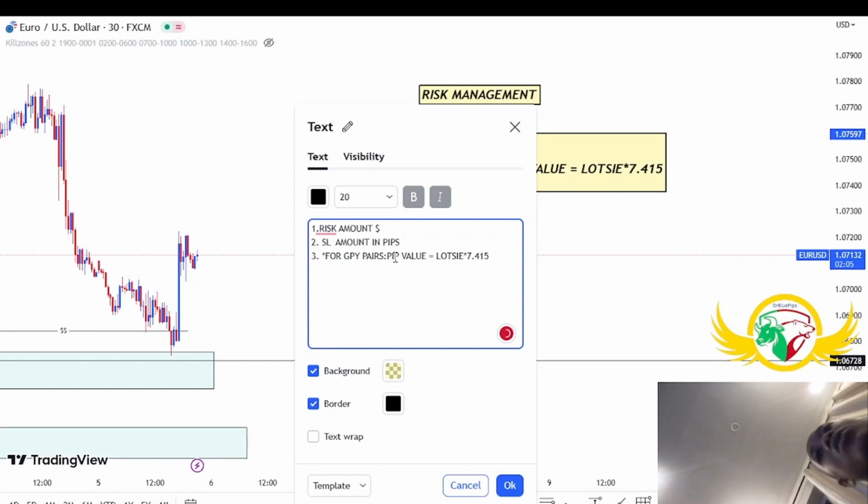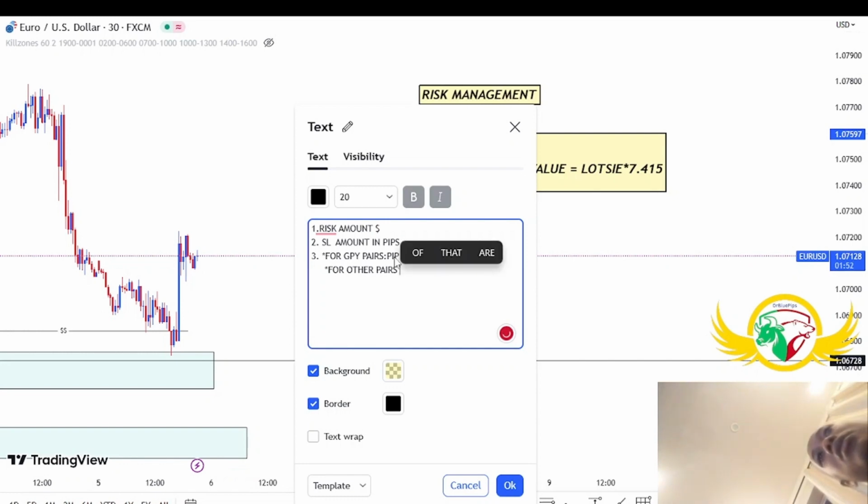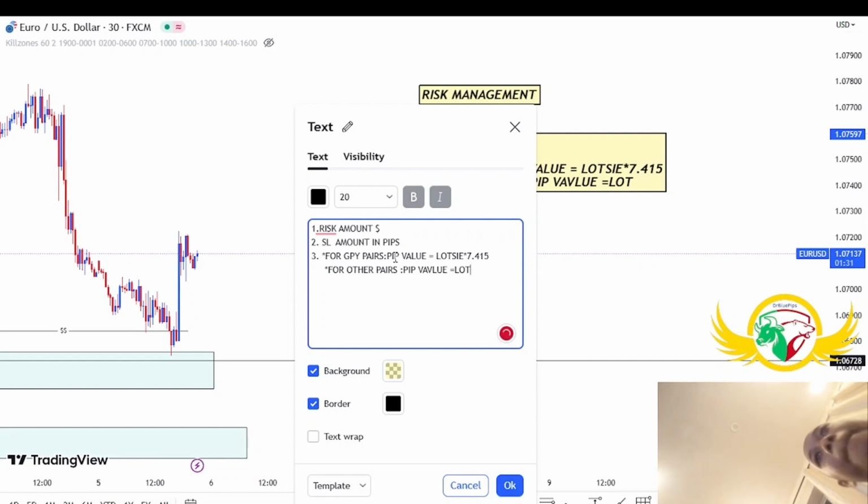Then for other pairs, PIP value equal lot size times 10.